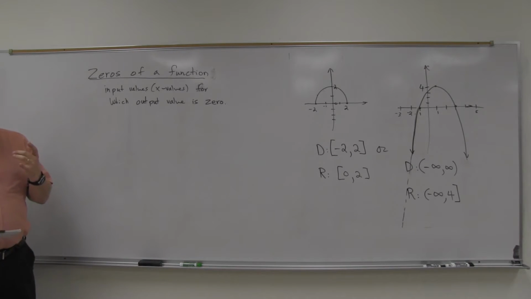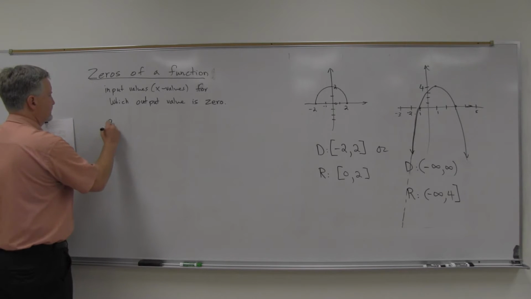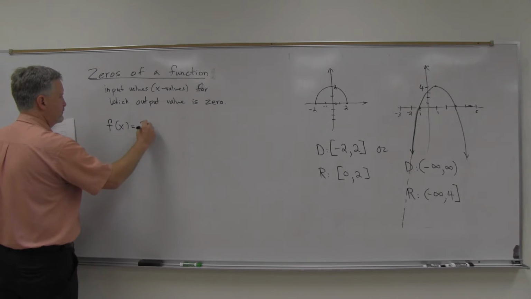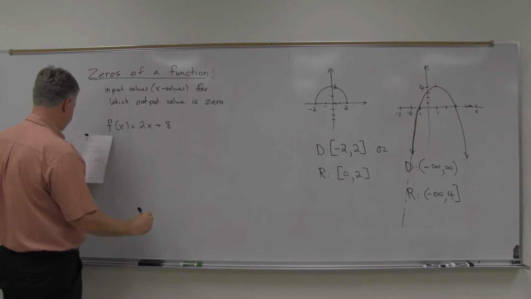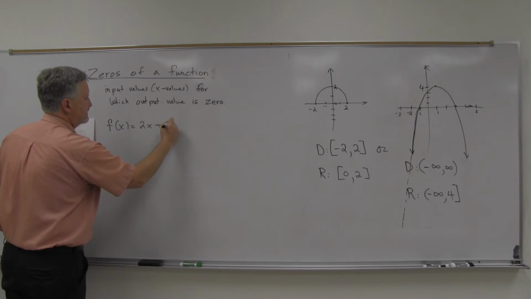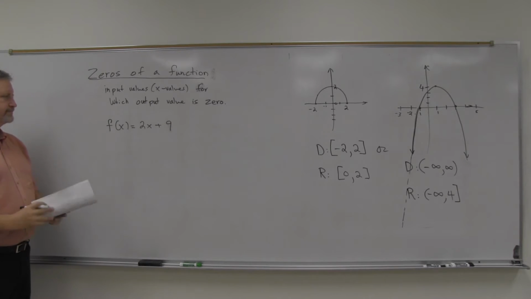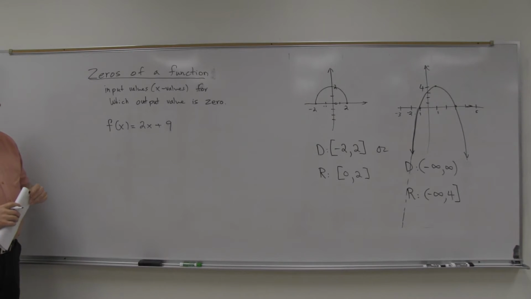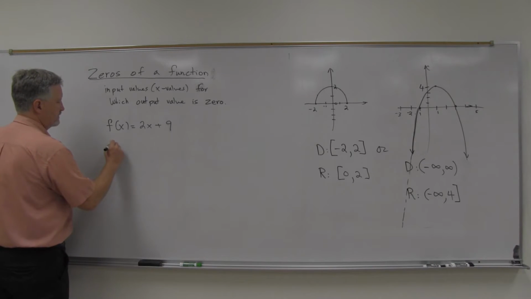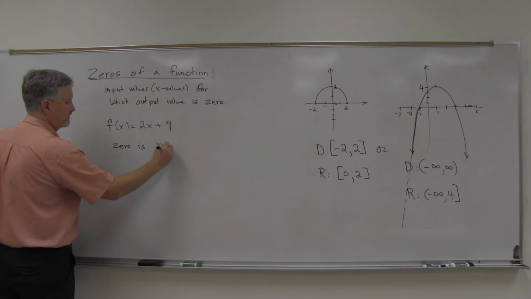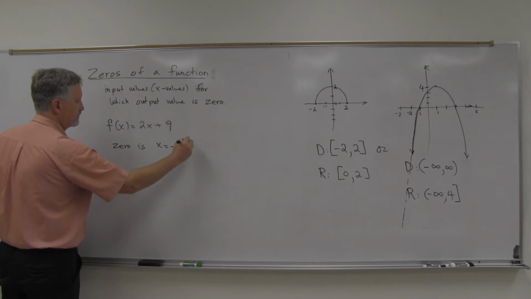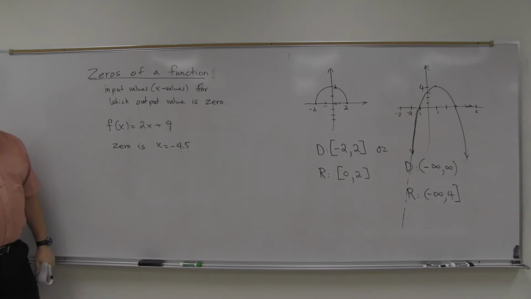For example, f of x equals 2x plus 8. Let's make it plus 9. F of x equals 2x plus 9. The zero of this function is x is negative 4.5. Why is that?